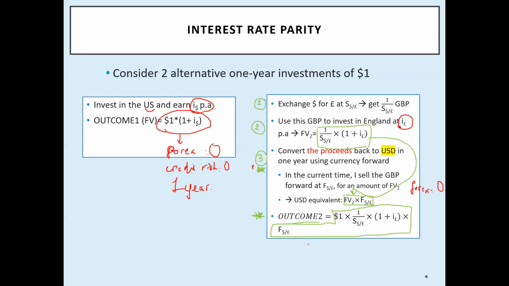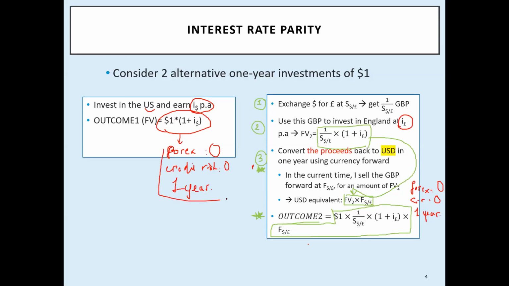So i_UK here is the risk-free rate in England. In terms of credit risk, this should be 0 as well. Here I'm assuming that both countries are very safe, so credit risk is virtually 0 because I'm investing in government bonds. With the second investment, the time horizon is also 1 year.